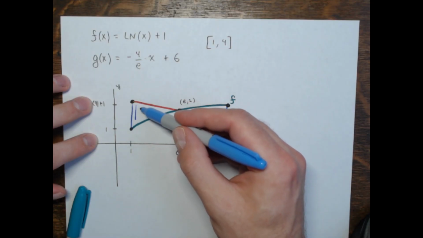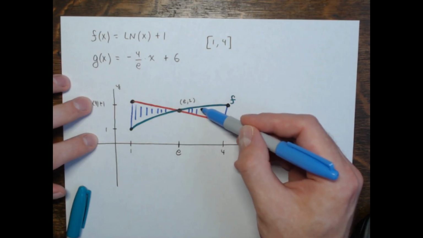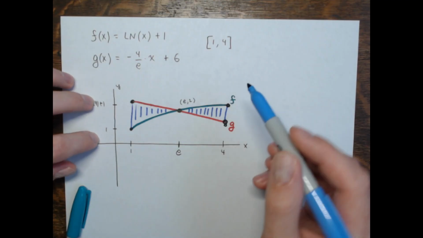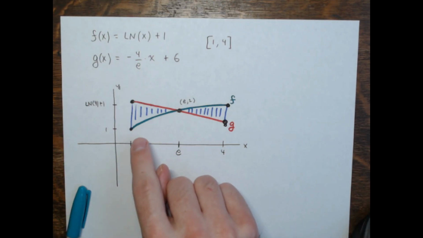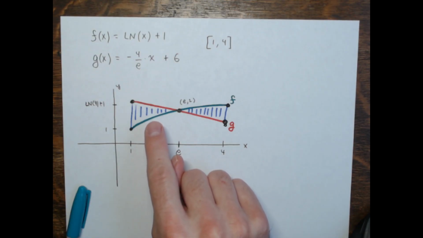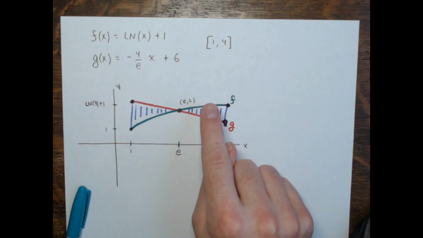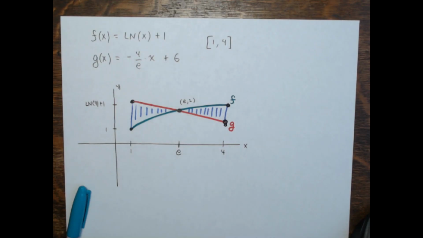So this little bow tie region, right? They want this area and this area as well. But you see how from 1 to e, the top curve is g, the bottom curve is f. And then from e to 4, the top curve is f, the bottom curve is g.